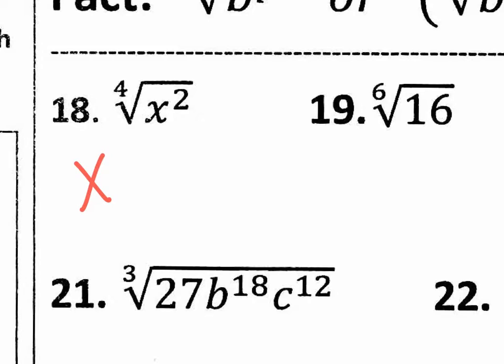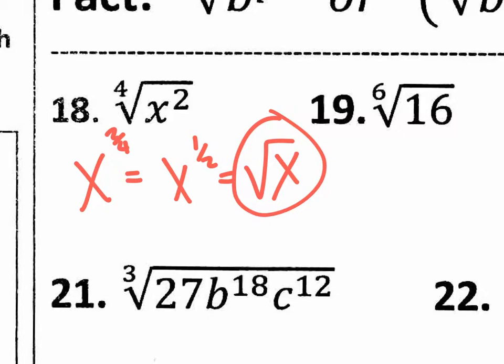X to the 2/4. And what is 2/4 reduced down to? X to the 1/2. And what is that really as a square root function, or as a radical? The square root of x. So number 18, the fourth root of x squared really simplifies down to the square root of x.